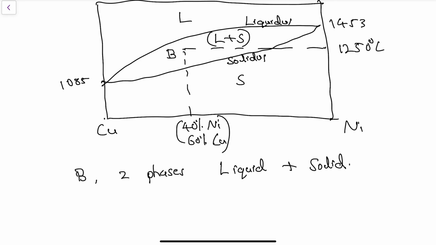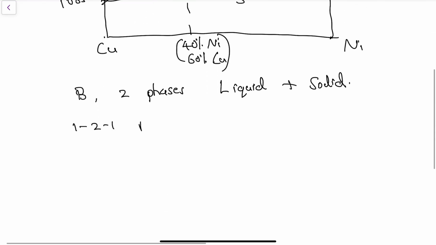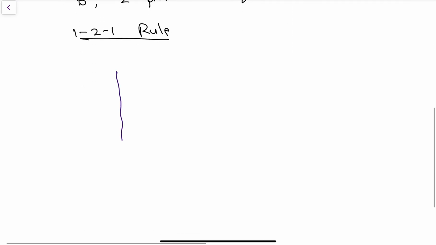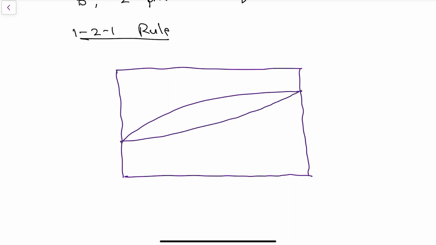And one more thing you need to keep in mind here is the 1-to-1 rule. Okay, so what do you mean by the 1-to-1 rule? So if you draw a phase diagram, this is your phase diagram, and if you select a single phase here, and move from 1 to 2.